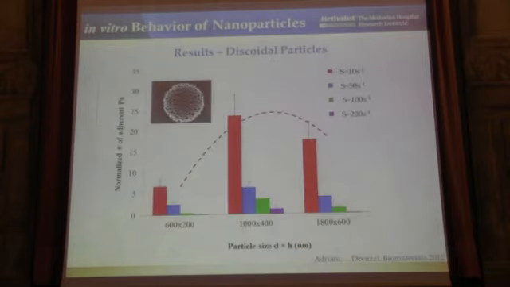This was also more recently confirmed using mesoporous discoidal particles for different shear rates, clearly showing that not only the discoidal are superior to the quasi-hemispherical and to the spherical, but there is, for this shape, an optimal ratio between the diameter and the thickness, and an optimal size, so optimal size and shape combined together in terms of adhesion to the vessel walls.